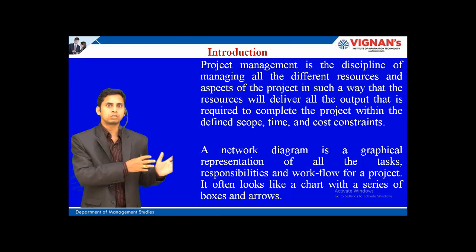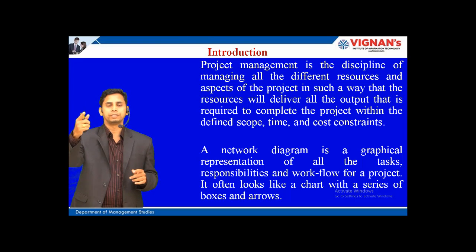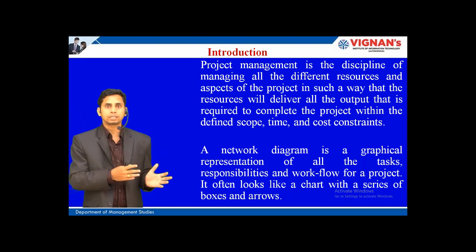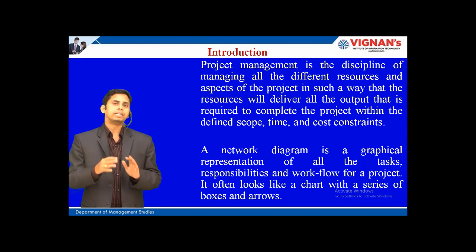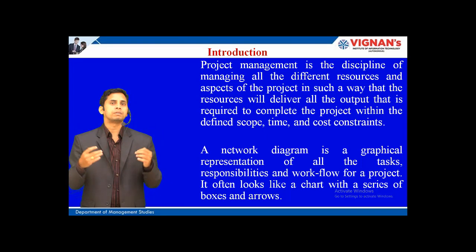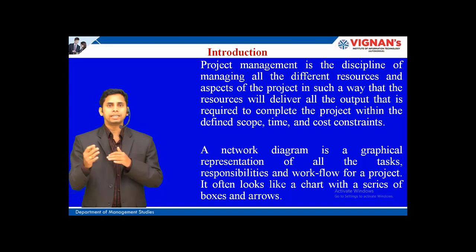So the construction of the basement is an event. Once the event is completed, then you will move on to the next event. During the process we call it an activity. This way your entire project can be divided into events and activities.